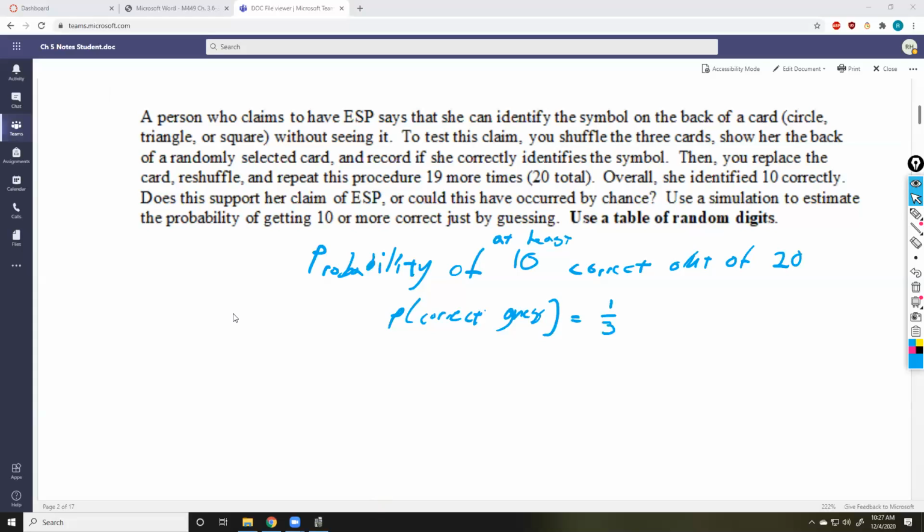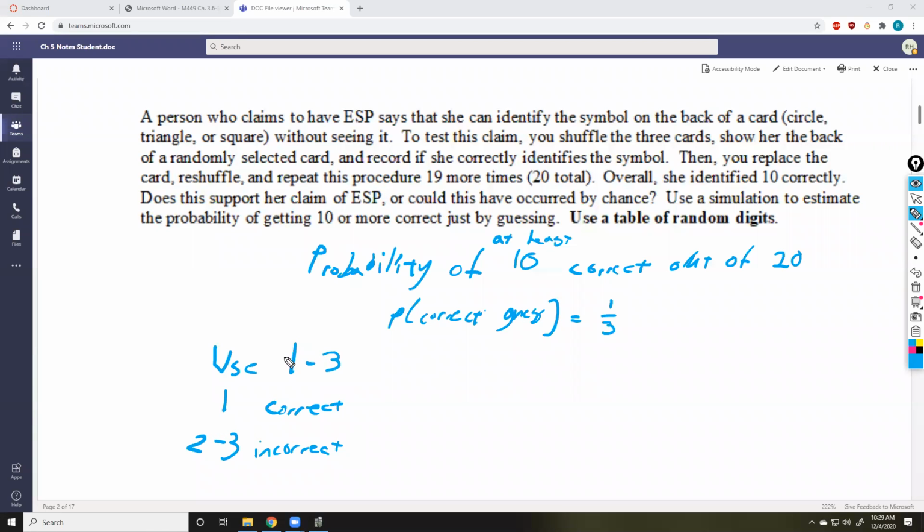And so now we're going to move on to what digits we're using to simulate this probability. It doesn't matter which digits you use as correct or incorrect. The thing that matters is that 1 out of your 3 should be correct and 2 out of your 3 should be incorrect.